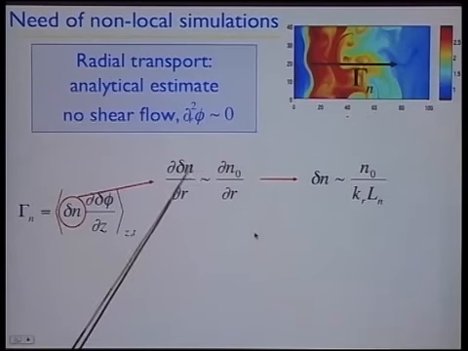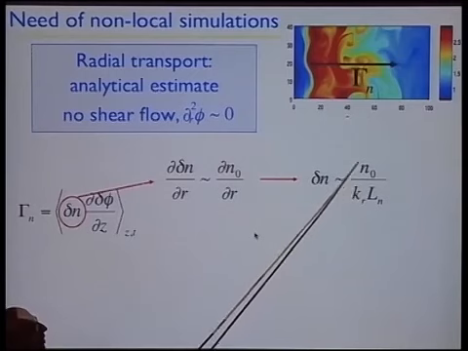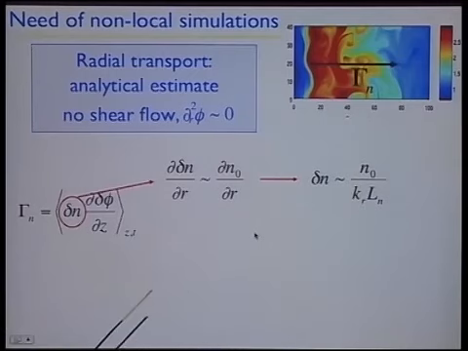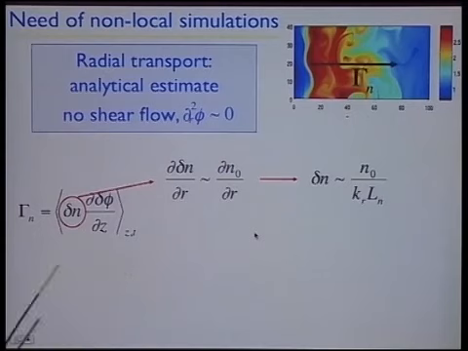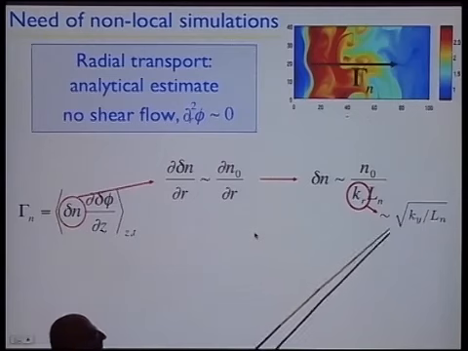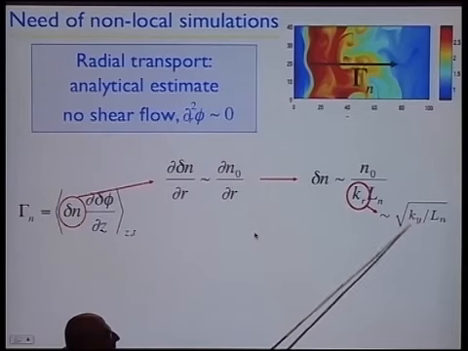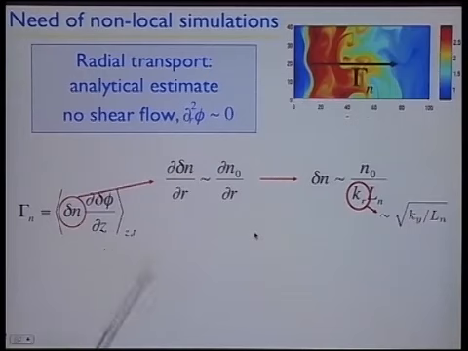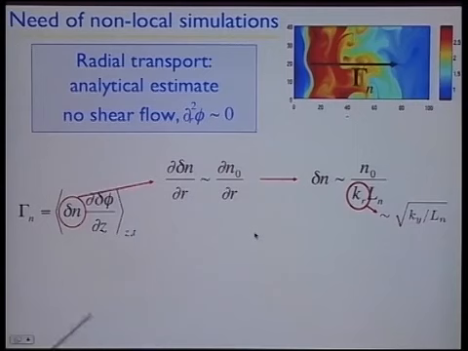So if we express the fluctuation, we can write it as a function of n naught, the equilibrium density, and the equilibrium density gradient. And we have a Kr, which is the typical scale length of the fluctuation. Now the thing is that Kr occurs on a scale length that is intermediate between the typical mode width and the equilibrium scale length. Now in flux tube simulation, these quantities are ordered out.